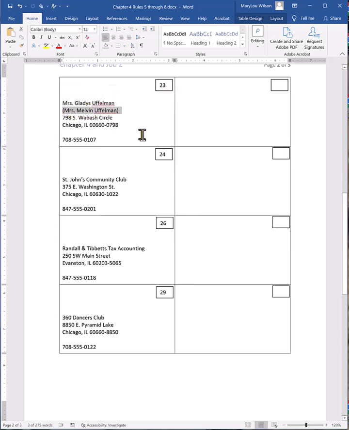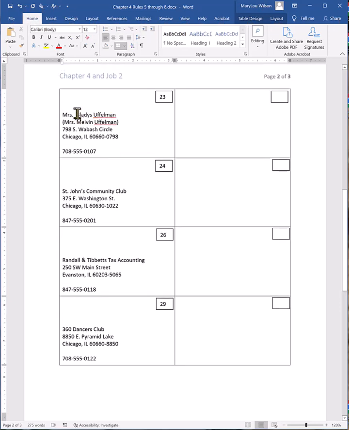And because she has two different names or an alternate name, we're going to cross-reference that alternate name, Mrs. Melvin Uffelman. But let's start here. It's a personal name, so we're going to put our slashes in. Let's try this over again. Mrs. Gladys Uffelman. So the key unit is Uffelman.